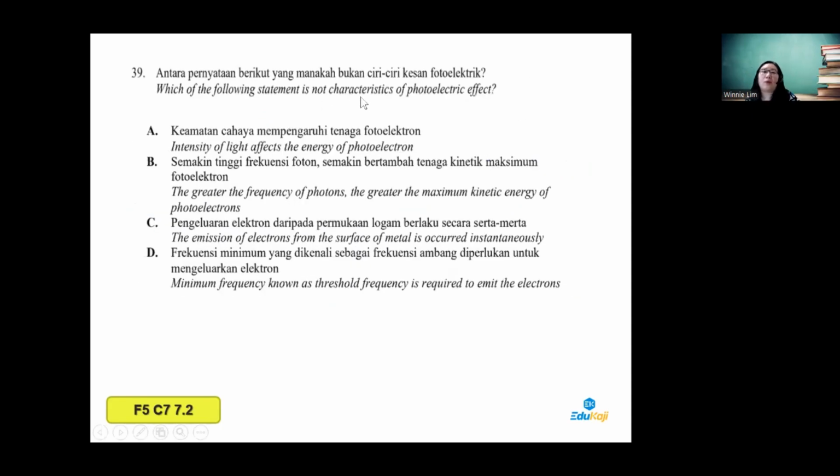Number 39. Which of the following statements is not a characteristic of the photoelectric effect? Again, "not", so be careful during the exam, read the yes or no, correct or wrong terms. The answer is A: intensity affects the energy of the photoelectron. In quantum physics, they really focus on the energy of the electron being affected by frequency.